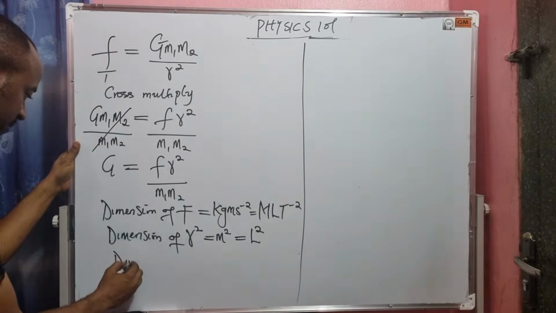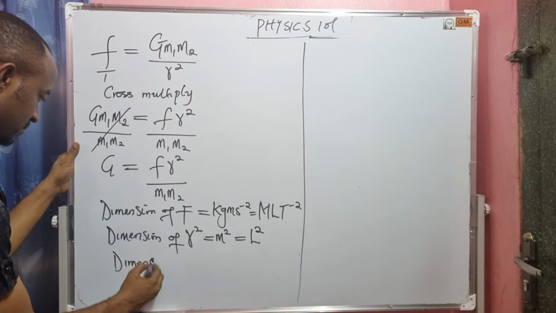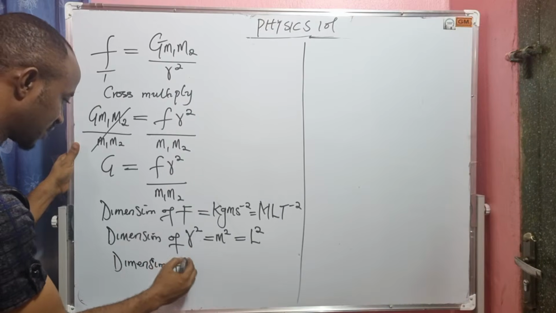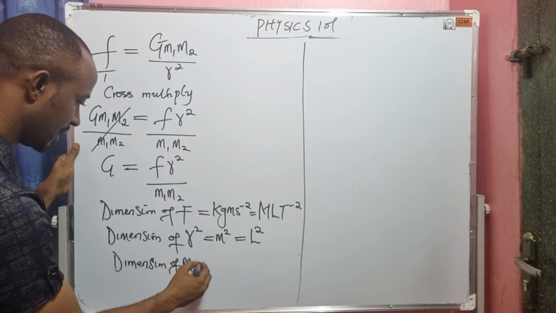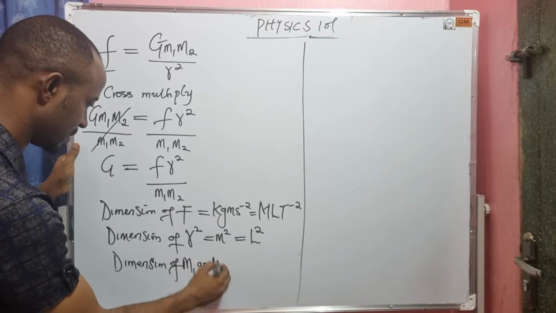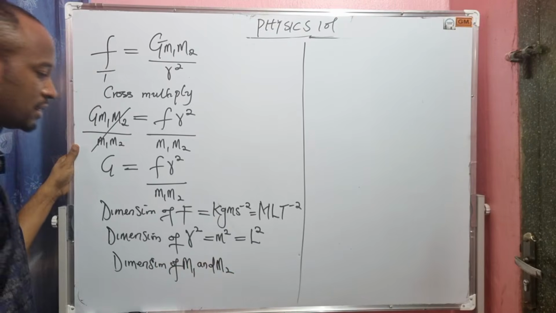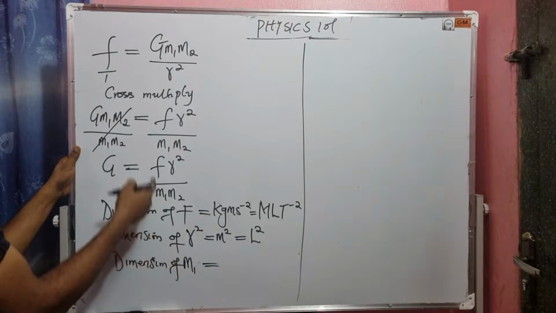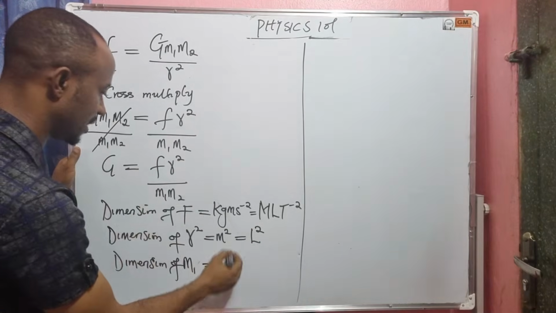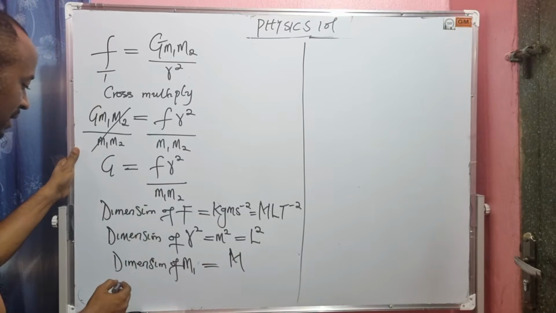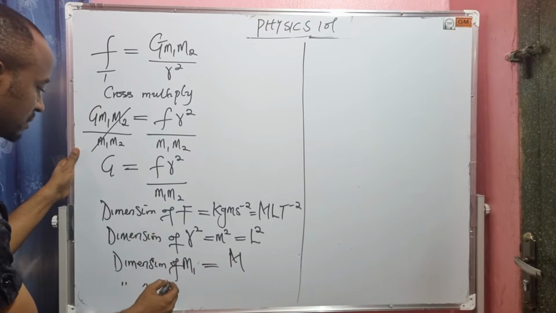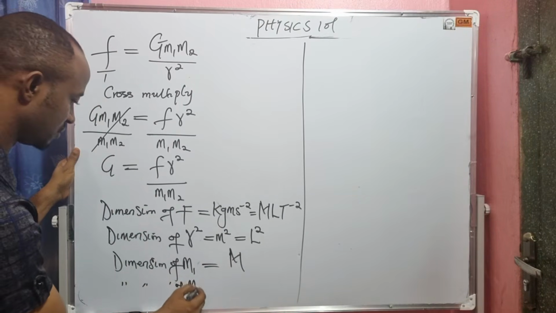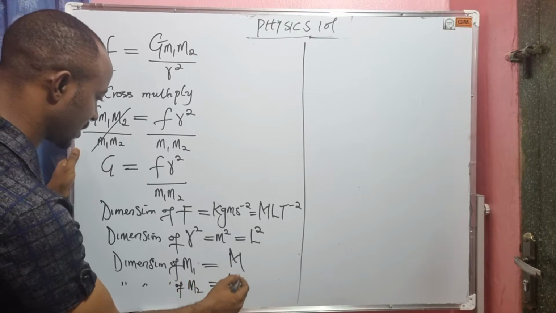So dimension of mass 1 and mass 2. Okay, let's start with mass 1. Mass 1 is measured in kilogram. That will give us capital letter M. Likewise, dimension of mass 2 is also capital letter M.